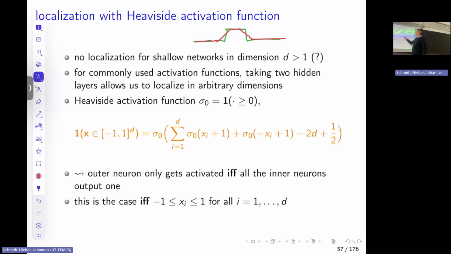If one of these neurons is not activated, then we only get a number that is smaller than or equal to 2d minus 1, which means if we subtract 2d, then we get a minus 1 here, and the plus 1/2 gives us at most a value that is minus a half, and then this outer activation function will make this a 0.